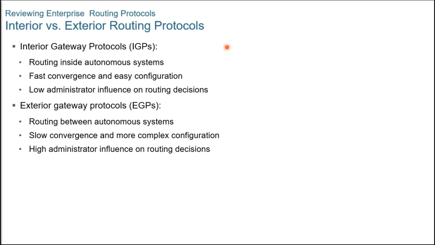Now for the exterior gateway protocols, or EGPs, they route between autonomous systems, with slow convergence, more complex configuration, and high administrator influence on routing decisions. If you want to learn more about interior and exterior routing protocols, go ahead and check the supplementary videos.